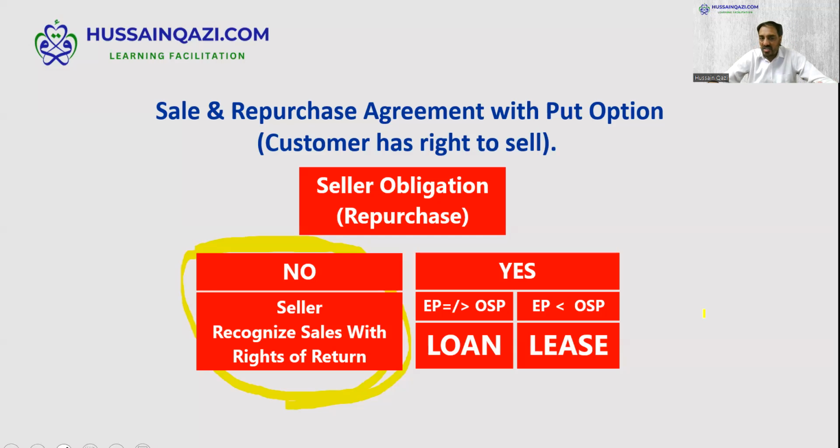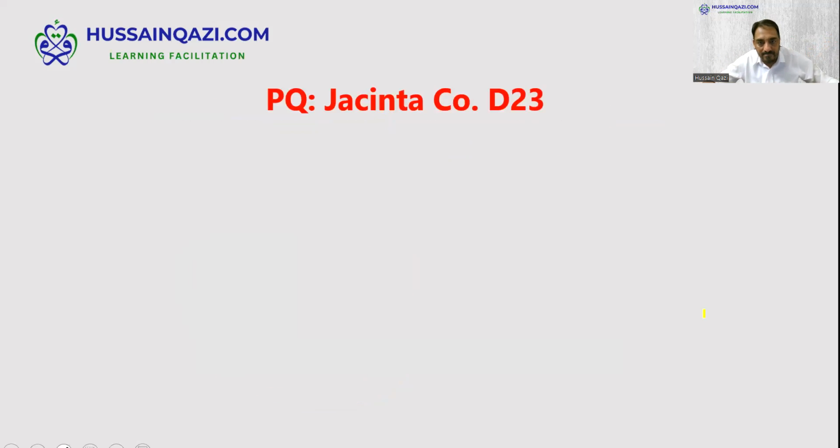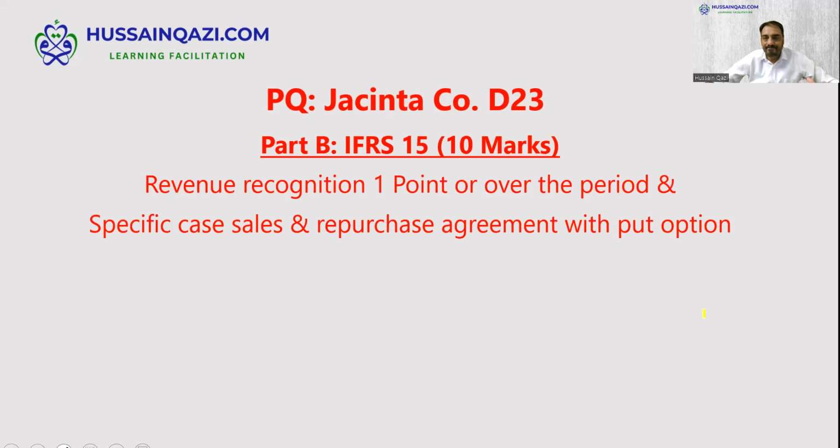So here the seller, Jacinta, will recognize the sale, with any expectation of the right of return. So whatever the right of return, we need to apply the rule of the right of return as well. So this is the practice question of Jacinta.